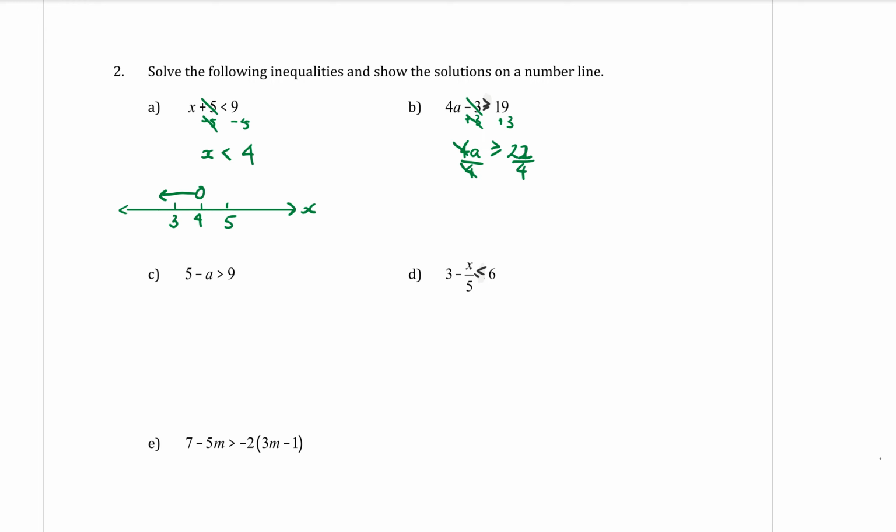A is by itself, still a greater than or equal to, haven't changed that sign. 22 divided by 4 doesn't go perfectly. I could either simplify that down to be 11 over 2 or change it into a mixed numeral, which is 5.5. Both right. Both of them are right. 5.5 is going to be easier to draw on a number line, however.